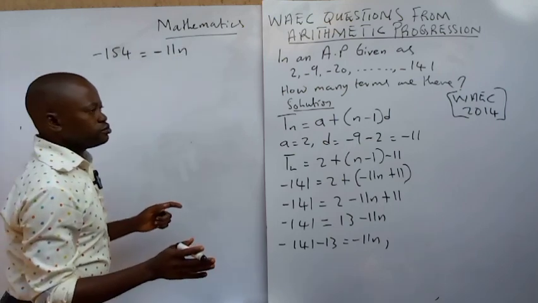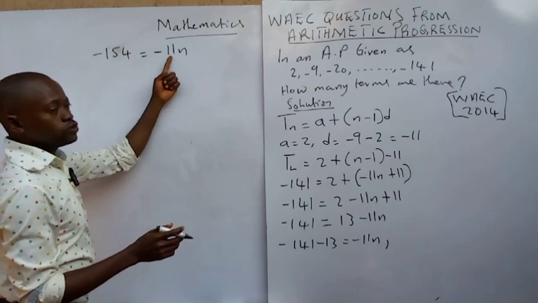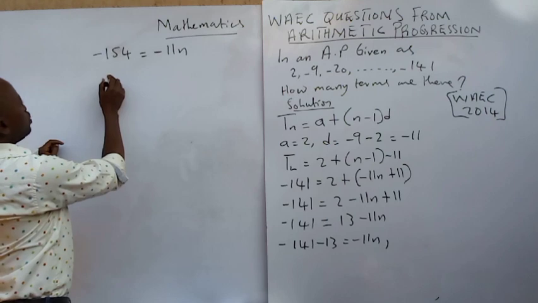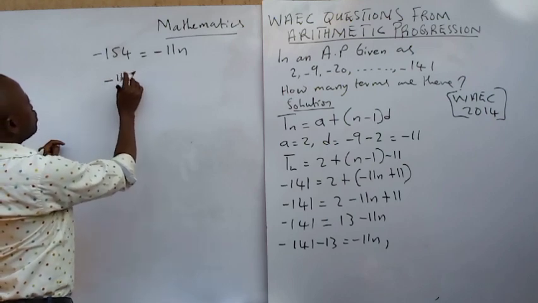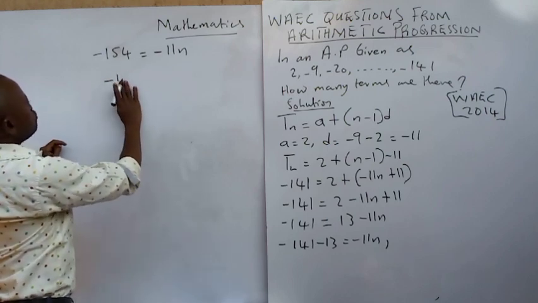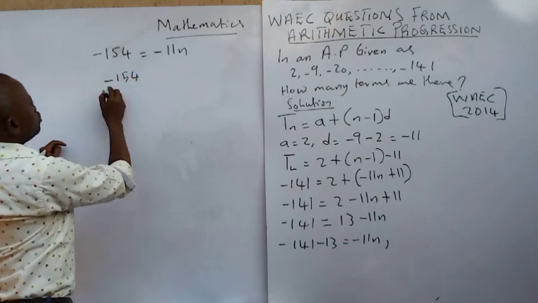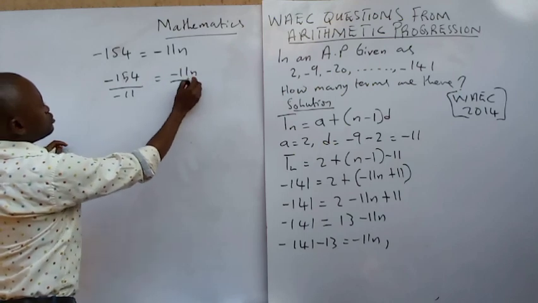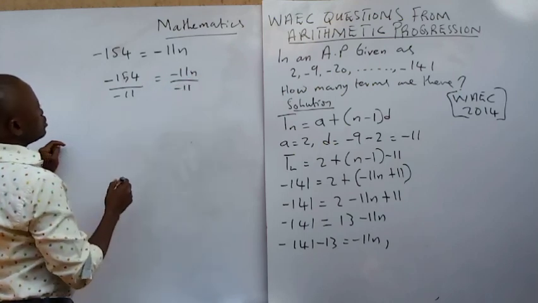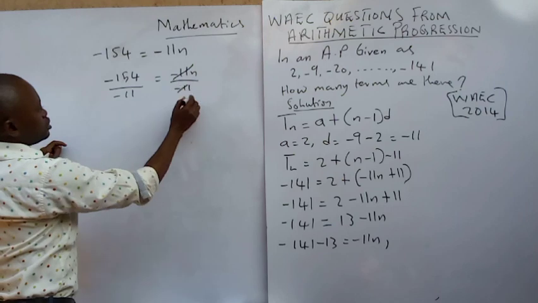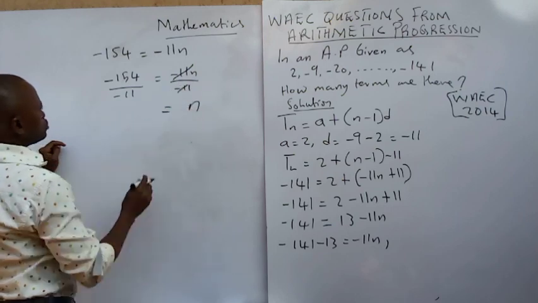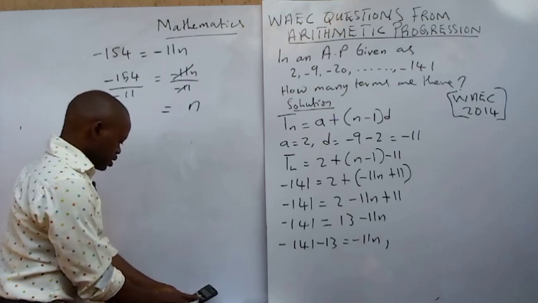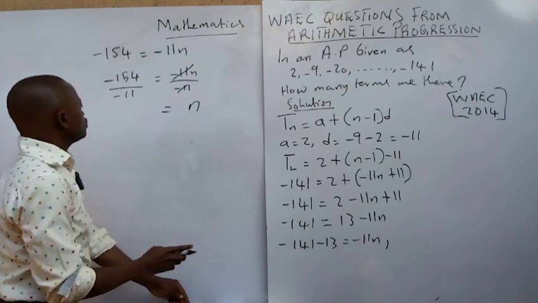The next thing that is left for me is to divide both sides by this coefficient, which is minus 11. So I will have minus 154 over minus 11 equals minus 11n over minus 11. So this will take care of this. I have n left equals 154 divided by 11, that will give us 14.